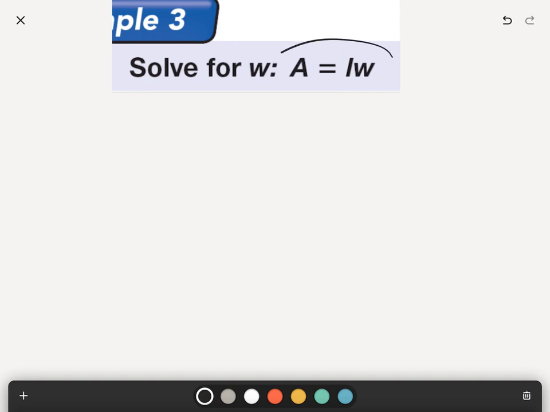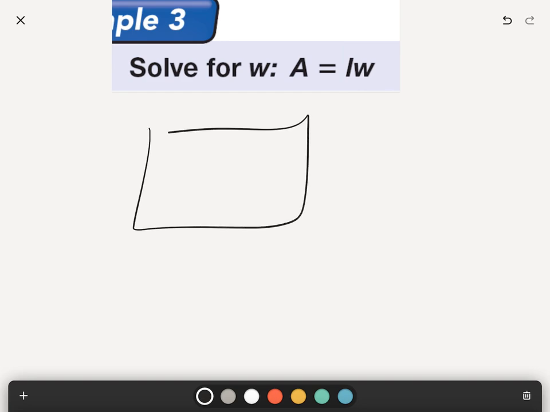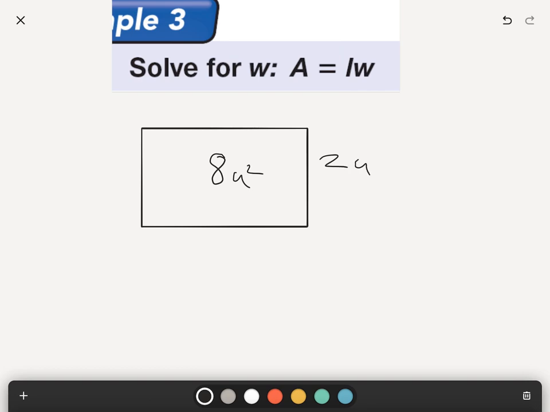Now, this is where this could be kind of useful. So this is an equation, right? And you're trying to come up with an equation where, say, area equals length times width. So say you've got a rectangle, and you know that the area is 8 square units, and you know that the length is 2 units, and then you don't know what W is.